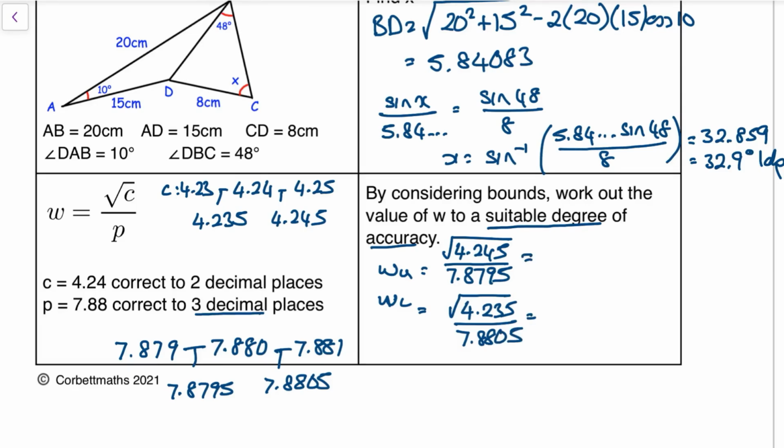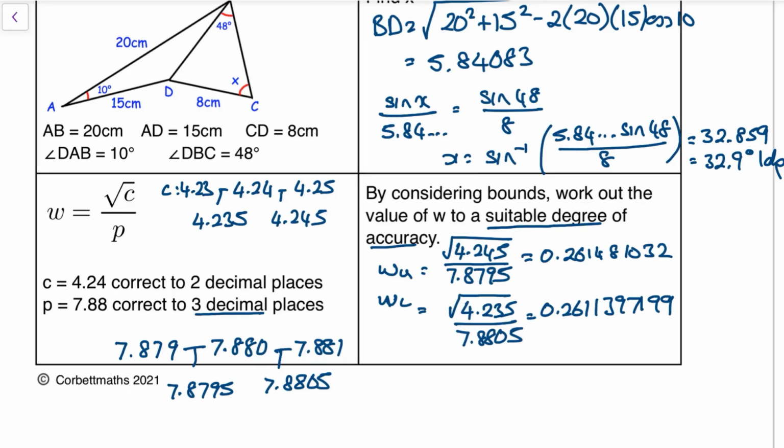Right, put all that in my calculator, and I get, okay, I'm going to write all of this down, 0.261481032, and this one is 0.2611397199.